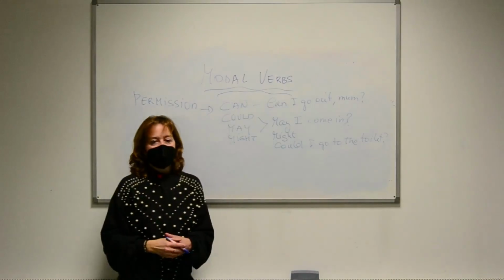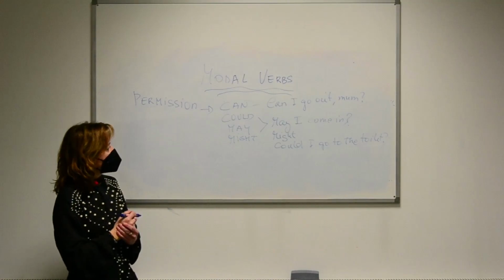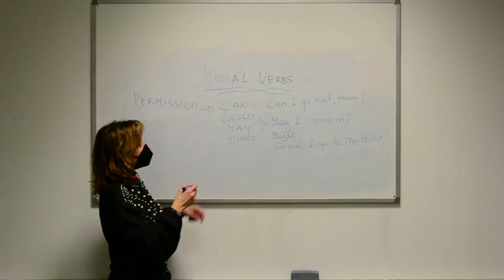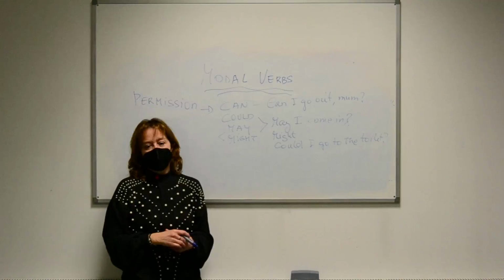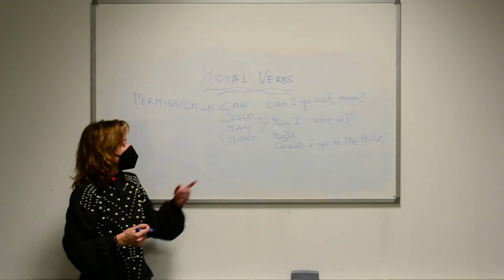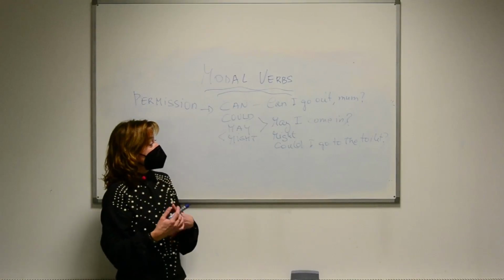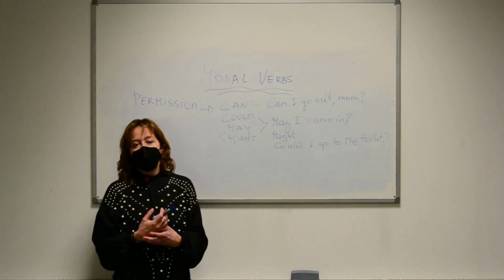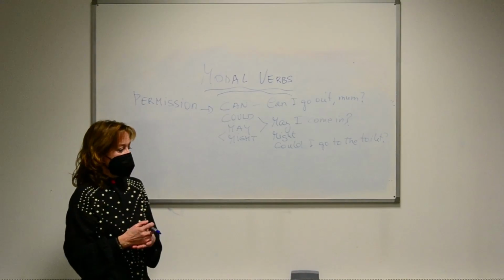In all these cases, you ask for permission, permission to do something. These are other modal verbs, may and might, that are used in these situations and in order to convey this meaning. May should be the present equivalent, and might the past, but might is used when we want to be more polite, without paying attention to tense, okay?